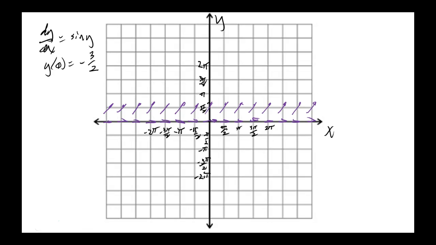Sine of pi is 0 again. I'm going to put this 0 pointing the other way because I know what's happening here in between. And sine of 3/2 pi is negative 1. So the slope is going to be negative 1 here.